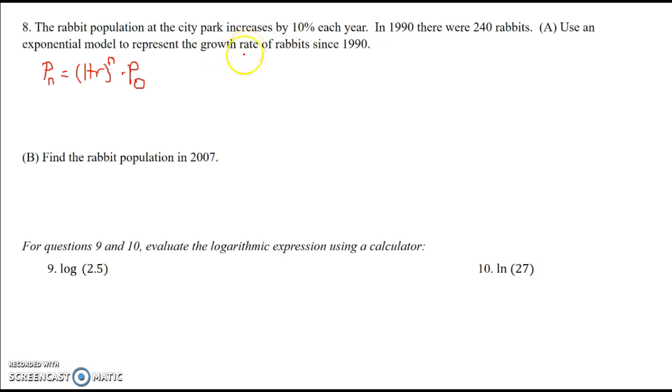Alright, so in year 0, there were 240 rabbits. Year 0 is 1990.